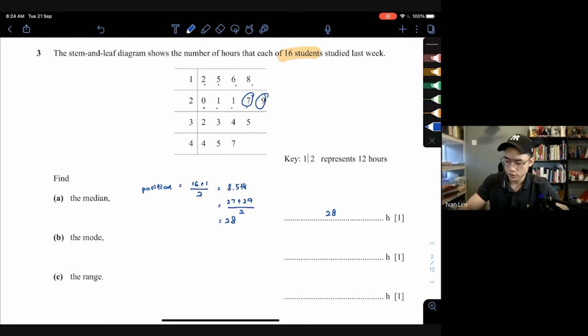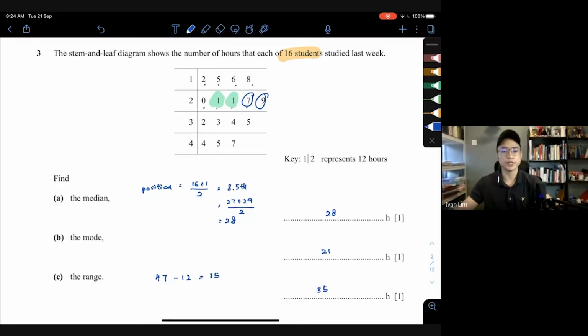Mode means the highest frequency, so you see where it appears the most, which is that 21 value. You just need to write down the value. Third one, the range, the biggest value minus the smallest value. So 47 minus 12, which will give you 35.